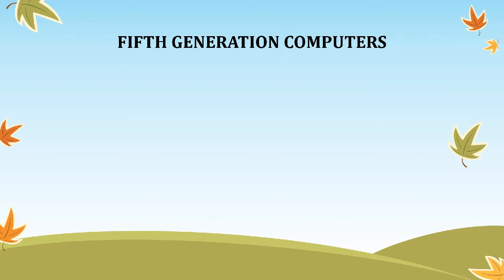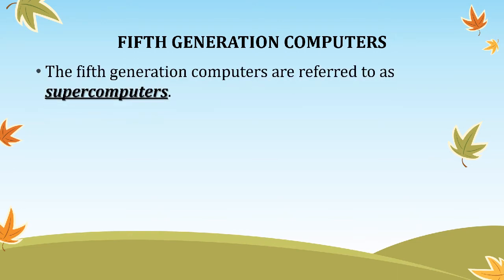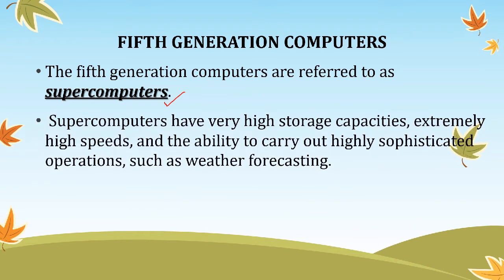Next, we'll see about fifth generation computers. See, these fifth generation computers are referred to as supercomputers. Supercomputers have very high storage capacity, extremely high speed and the ability to carry out highly sophisticated operations such as weather forecasting. See, the supercomputers, what is the advantage?